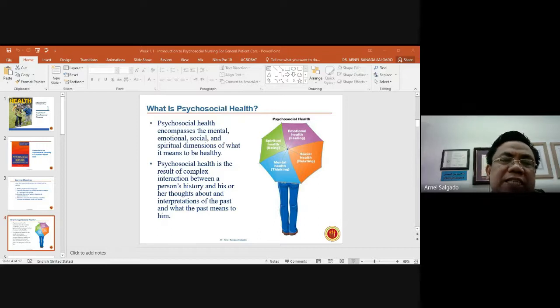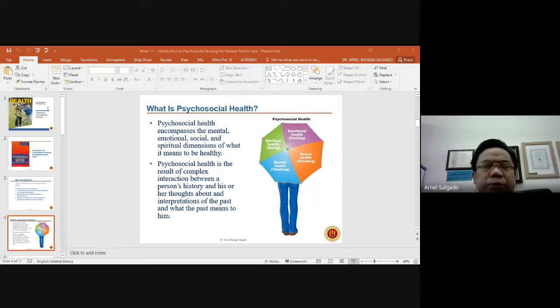Then, of course, stresses and family problems that affect patients' reaction to illness or hospitalization. Come to think of this one. If the patient comes to the hospital, they are poor, no insurance. What do you think will happen to them? They're worried every single day, every single second, isn't it? They are worried about payment.